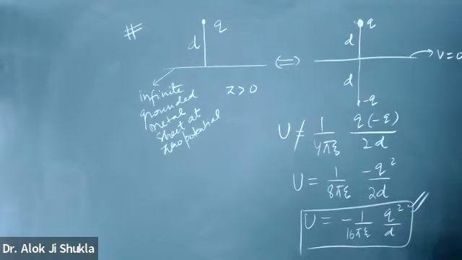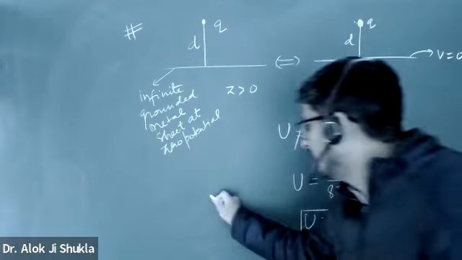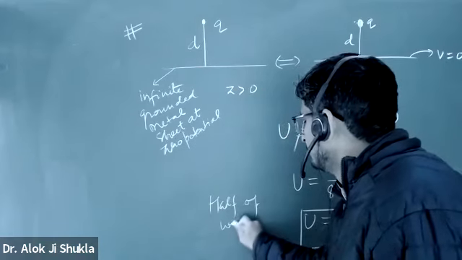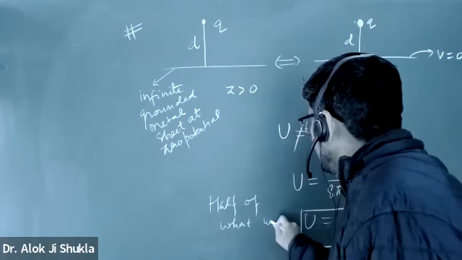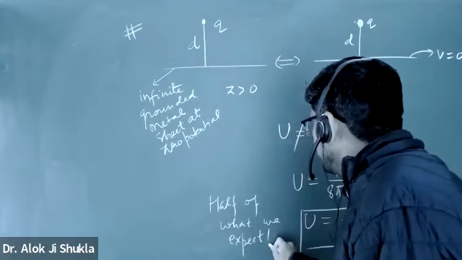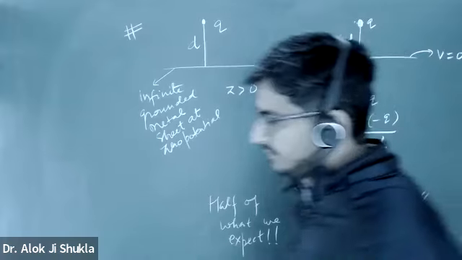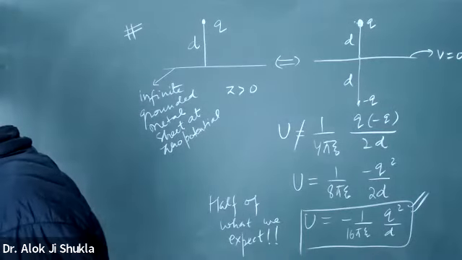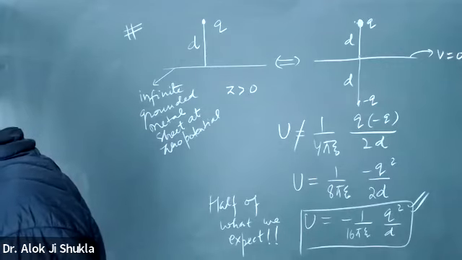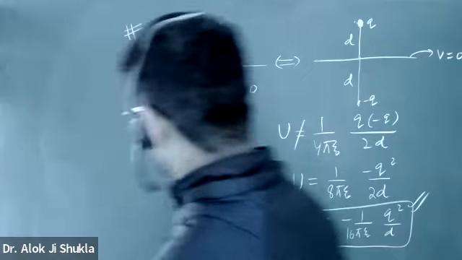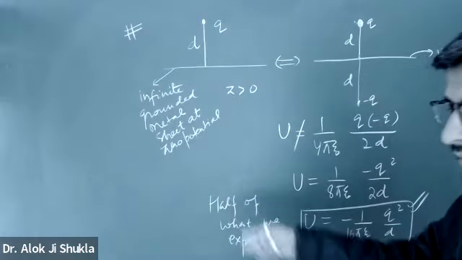Half of what you expect. Okay? So this you should remember, that the energy will be like this. If you calculate it from infinity to this, you will get the same.